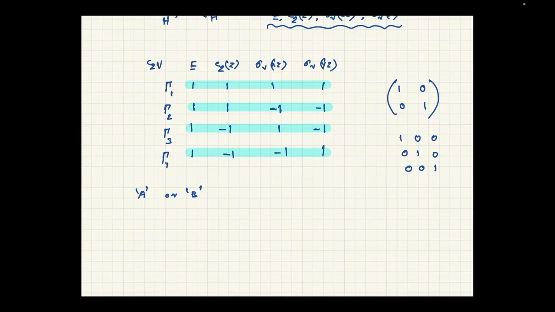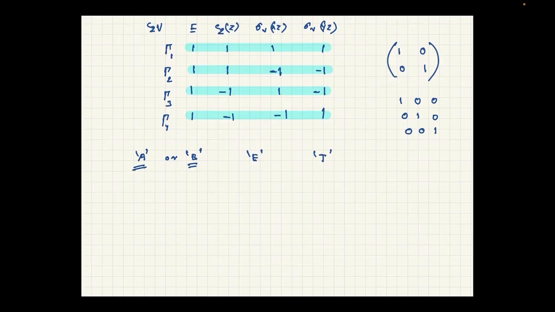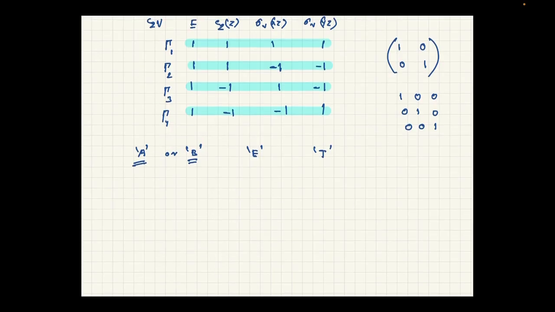So if the dimension of the irreducible representation or the character of the identity element is 1, then the name or the Mulliken symbol of the irreducible representation will start with A or B. Okay, and if the dimension is 2, then it will start with E, and if the dimension is 3, then it will start with T. Okay, now there are several subcategories of A and B.